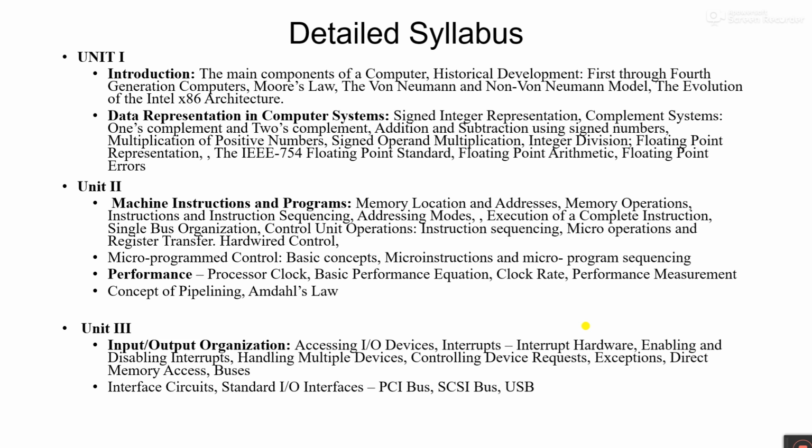Next we will discuss unit 1. This is part 1 of unit 1, and in the next part of the same unit we will discuss data representation in computer systems, that is, how a computer system works on data representation.